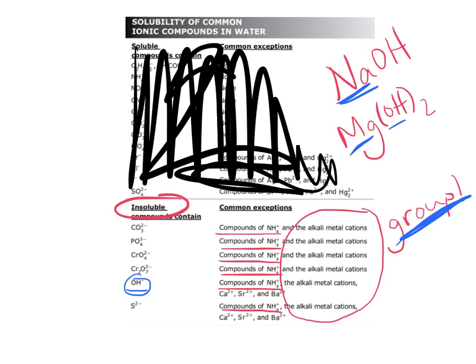If you had something like Ba(OH)2, this will be insoluble because Ba is not a specified exception to OH being insoluble. So this would be soluble, insoluble, and soluble.